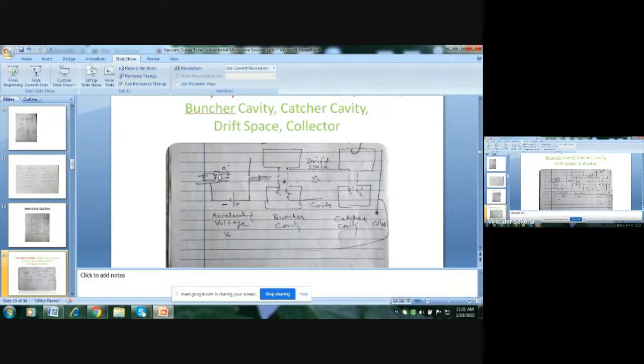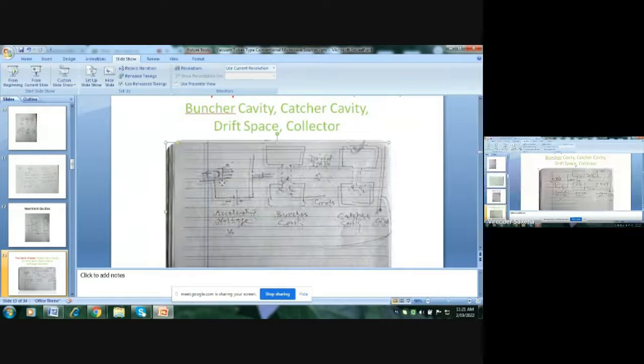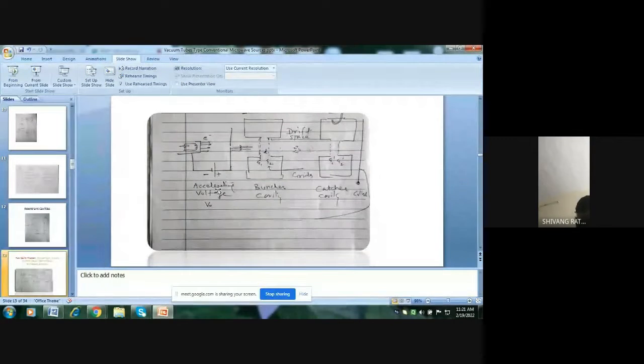This is an indirectly heated cathode. When the cathode is heated, electrons are emitted from the cathode, and these electrons are accelerated by an accelerating potential V0. This is the basic phenomenon by which we transfer energy from a DC source to the electron.